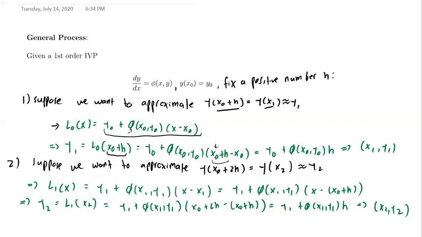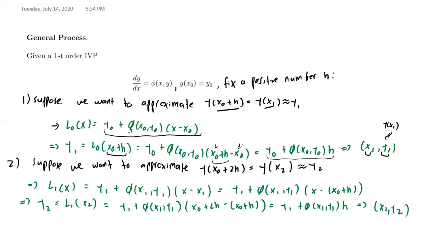The x naught here and the x naught here cancel, and this simplifies to y naught plus phi of x naught, y naught times h. So we have this new point x1 and this approximation y1, which is approximating what y of x1 should be.